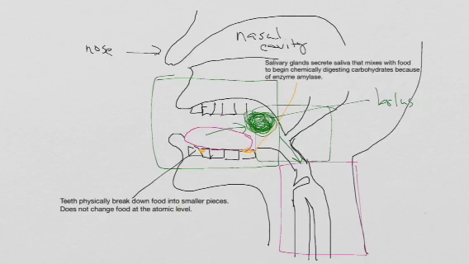So what actually prevents this from happening is a specific flap at the base of your throat. And this flap right here is called your epiglottis. The epiglottis's role is to cover the trachea when you are swallowing food.